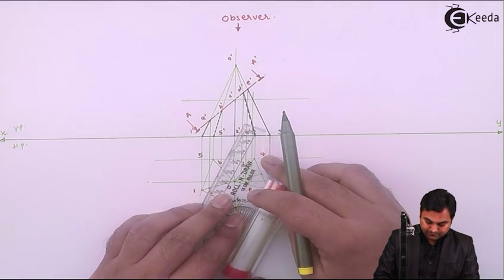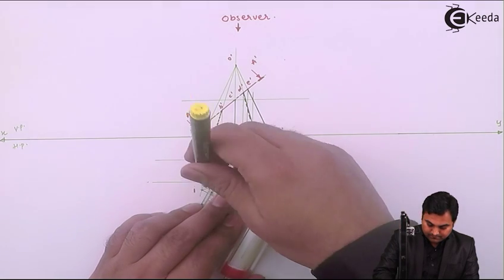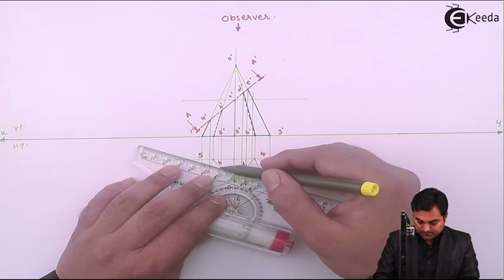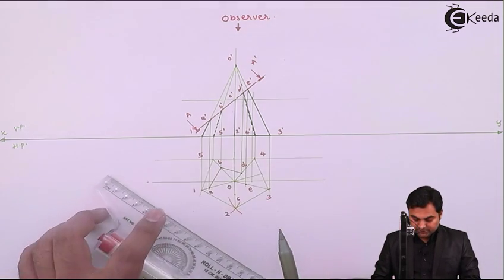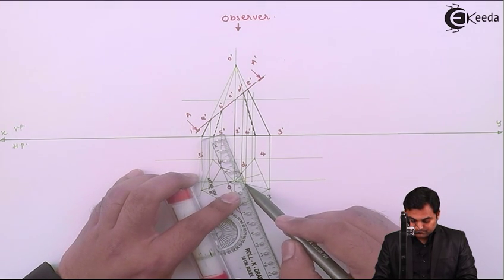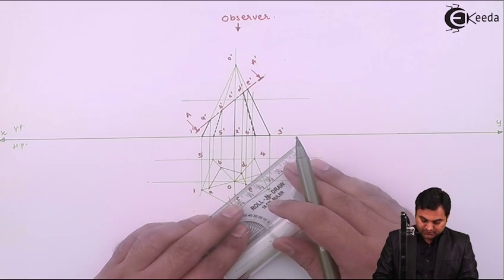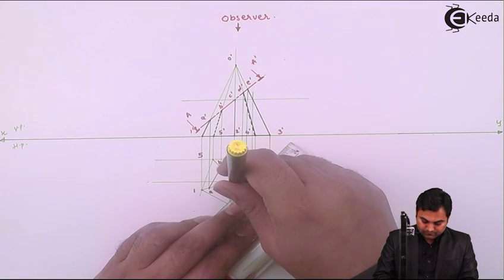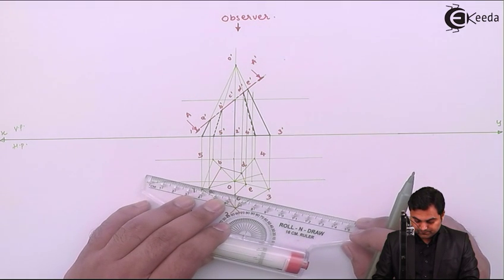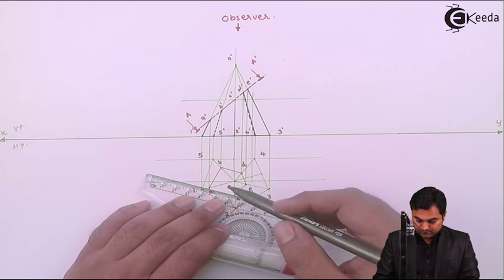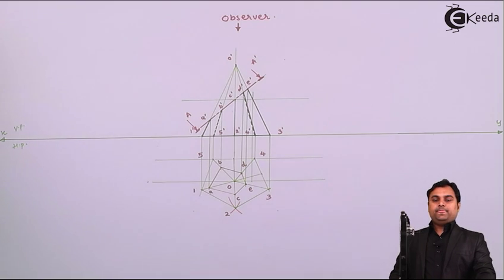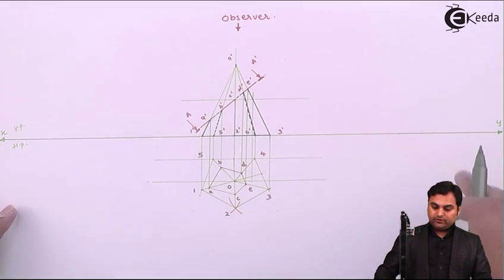joining A to B, then B to D, from D to E, E to C, C to A, so this is the shape which we are going to get when this pyramid is cut and we are looking from top.